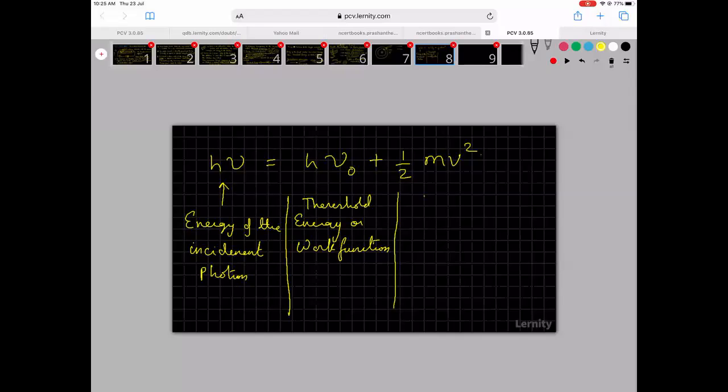This is the kinetic energy of the emitted electron, not photon, emitted electron.